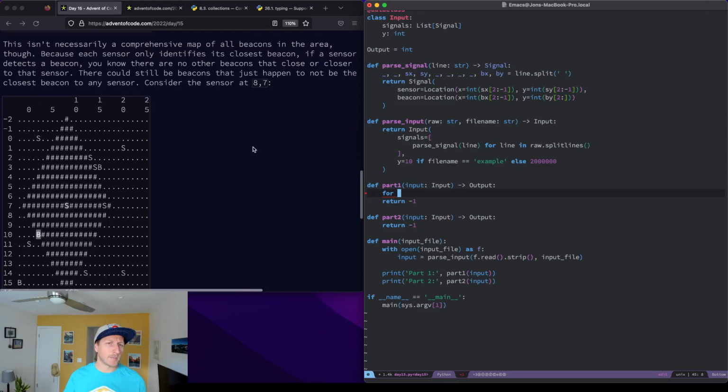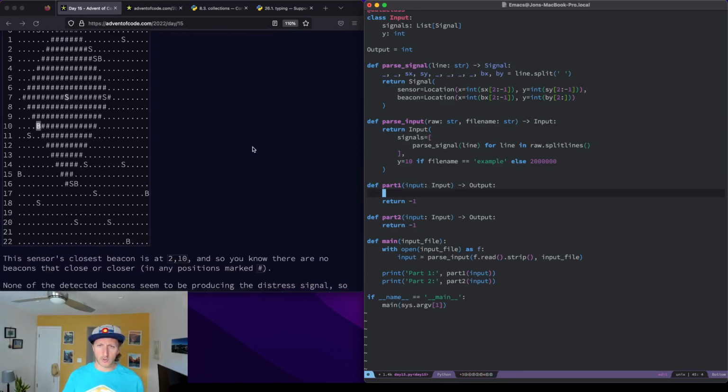And I guess we need to determine the bounds of x. So min x equals min of sensor.x, s.sensor.x for s in input.signals, and we need to do s.beacon.x for s in input.signals.